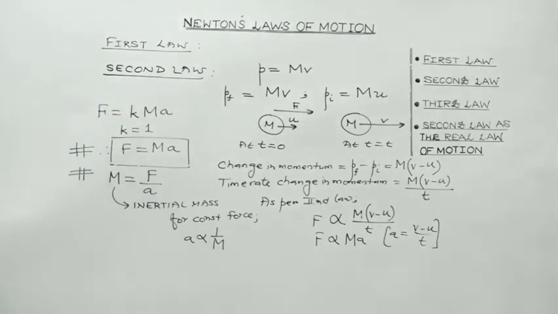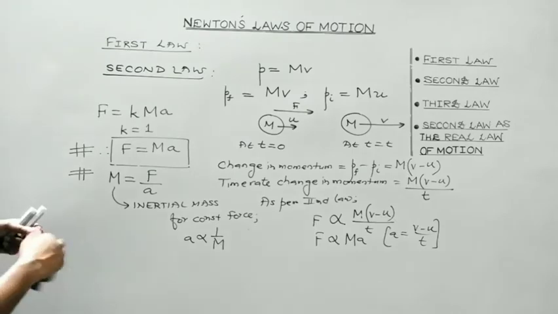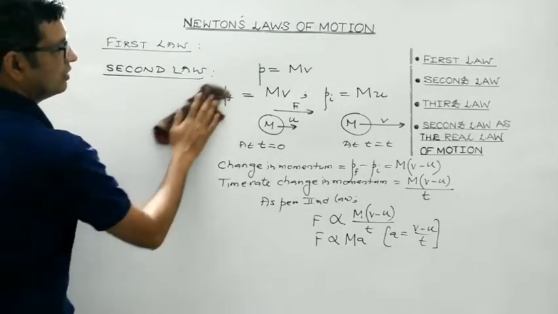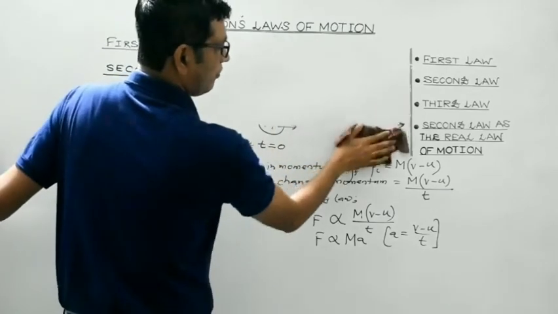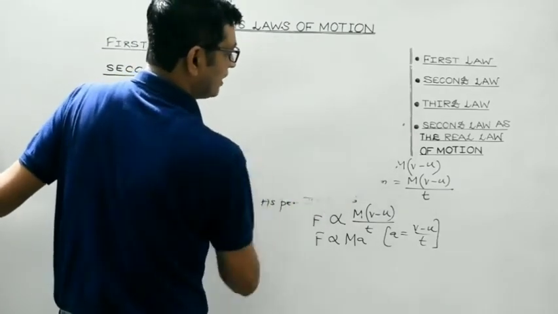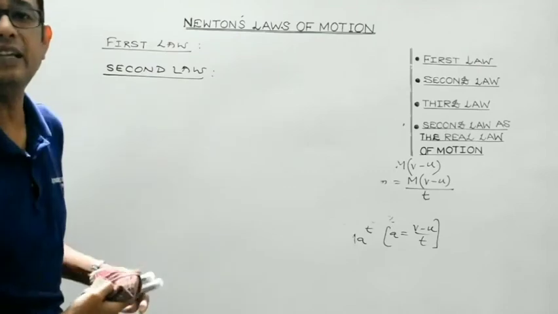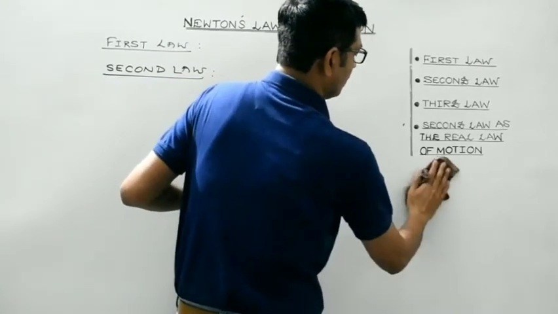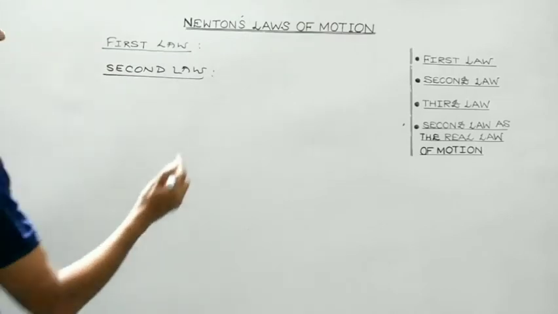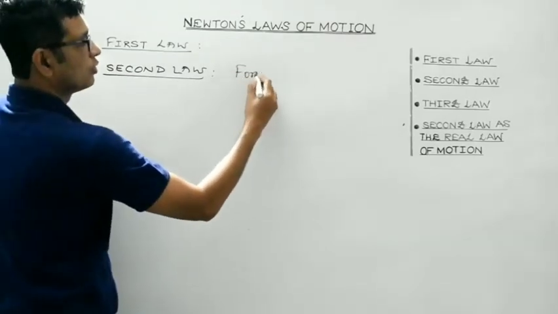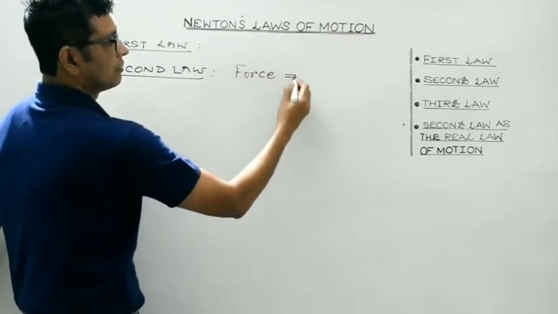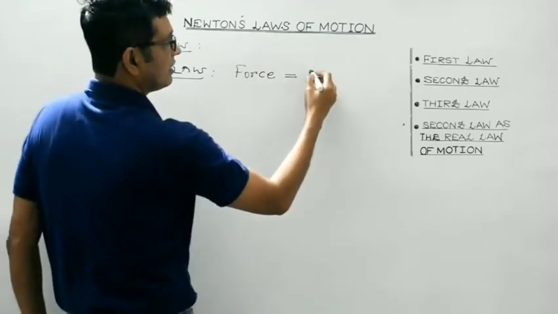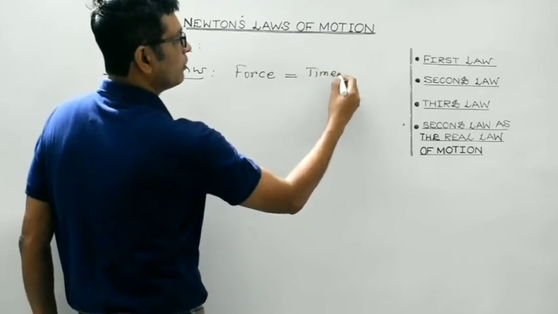Now before we proceed, we need to discuss some applications of Newton's second law as well. Just now we discussed that Newton's second law can be stated in terms of the time rate of change of momentum of the body. That is, the external force acting, if you write the constant of proportionality as 1, is the time rate of change in the momentum of the body.